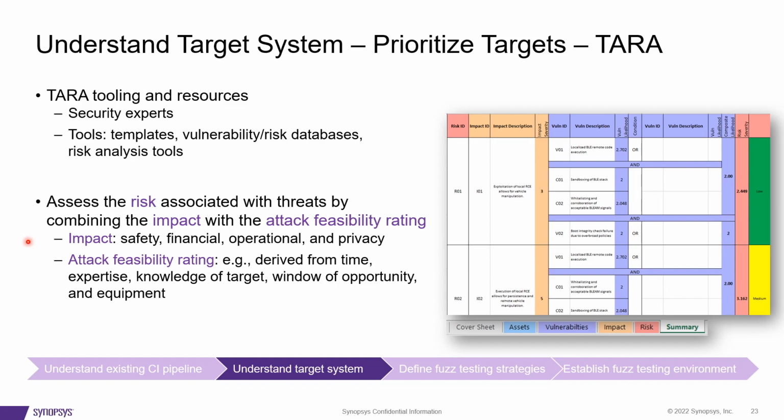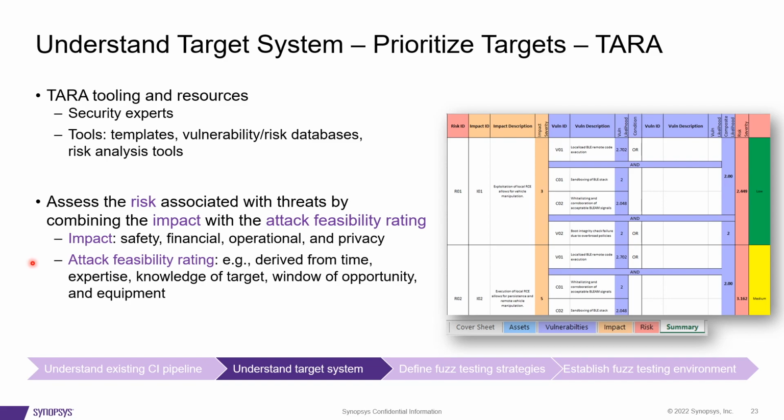And you can have different scores here to identify what is the appropriate level of impact, depending on your organization, that you would use to base those different ratings on.